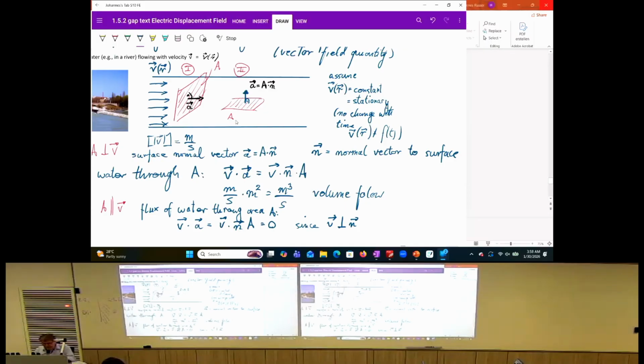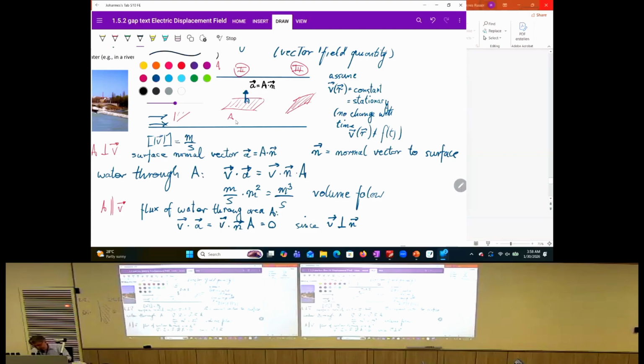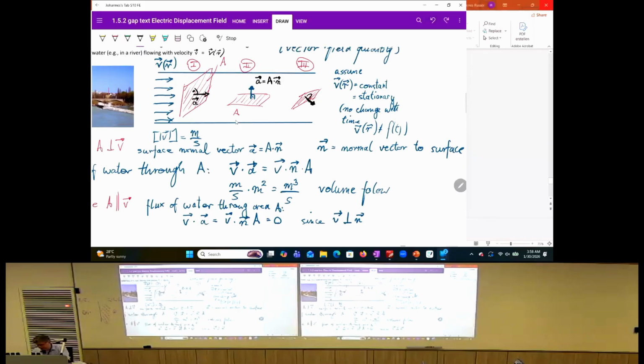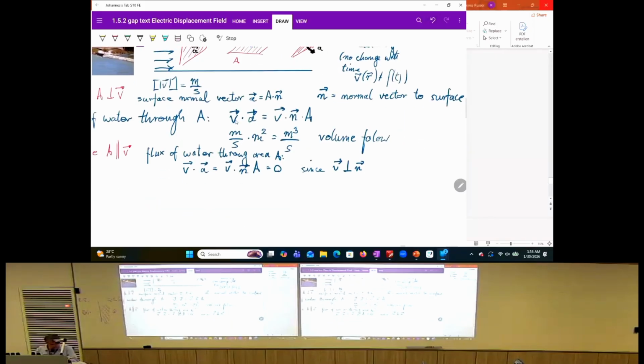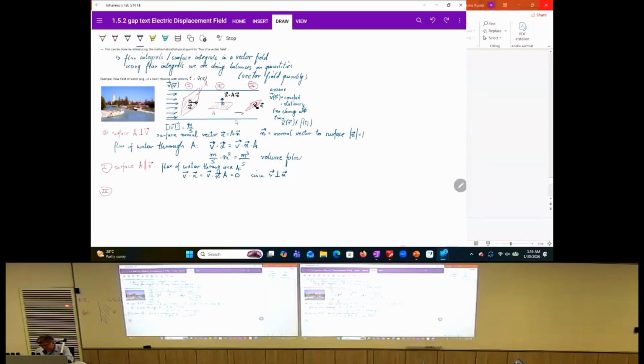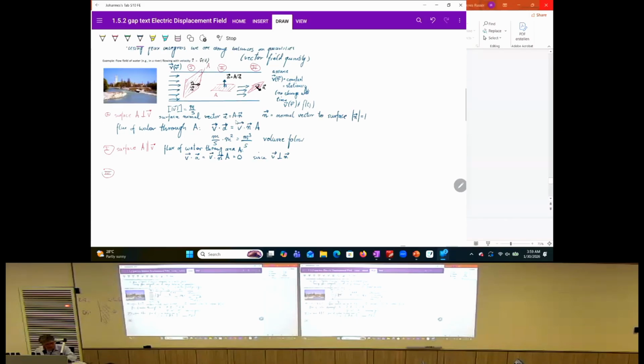And then you can think of the third case. This is if you have such a surface element where your normal vector is not aligned with the flow. Sorry, of course, this remains unchanged.